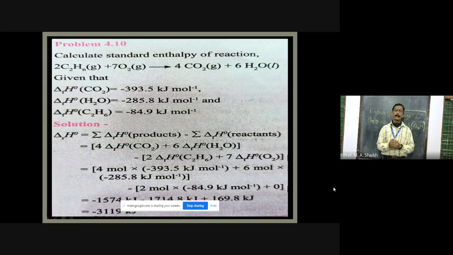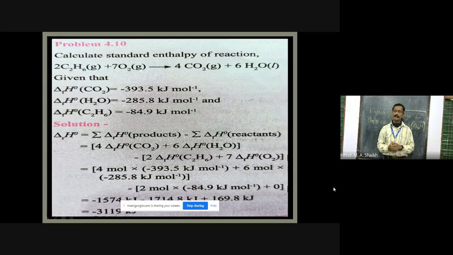हमें पहले क्या निकालना है? Summation of standard enthalpy of formation of products. दो प्रोडक्ट्स थे, CO2 और H2O. दोनों के हमें क्या दिया है? स्टैंडर्ड एंथैल्पी ऑफ फॉर्मेशन. उतना लेके चलेगा नहीं, क्योंकि नंबर ऑफ मोल्स उनको मल्टीप्लाई करना पड़ेगा.